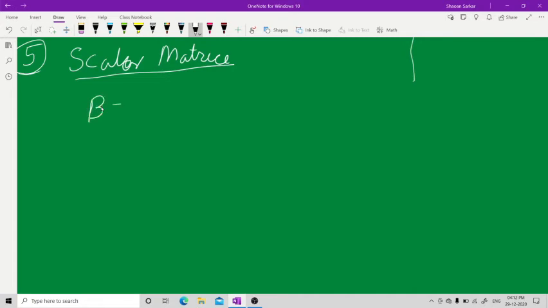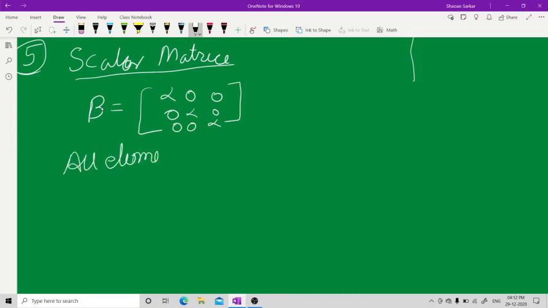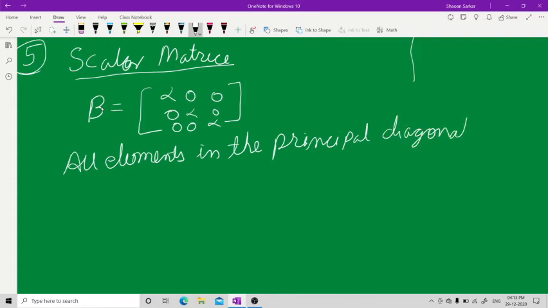Here let us write B, and all the elements on the principal diagonal will be the same.